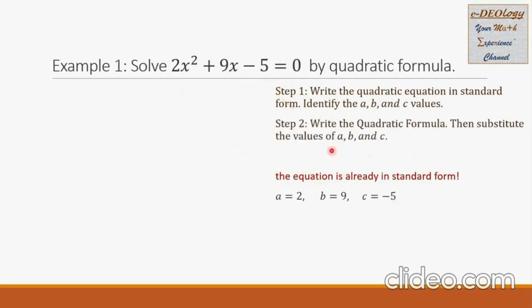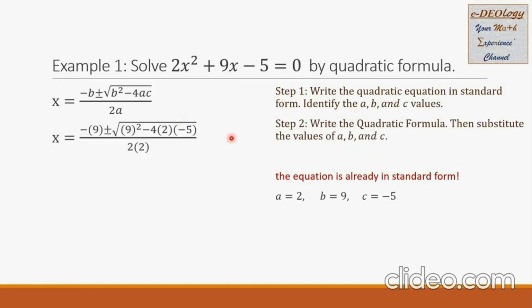Step 2. Write the quadratic formula. Then substitute the values of a, b, and c. Here now is our quadratic formula. And then we substitute the values of a, b, and c. It is now the negative of b, and that is 9, plus or minus the square root of 9 squared, minus 4.